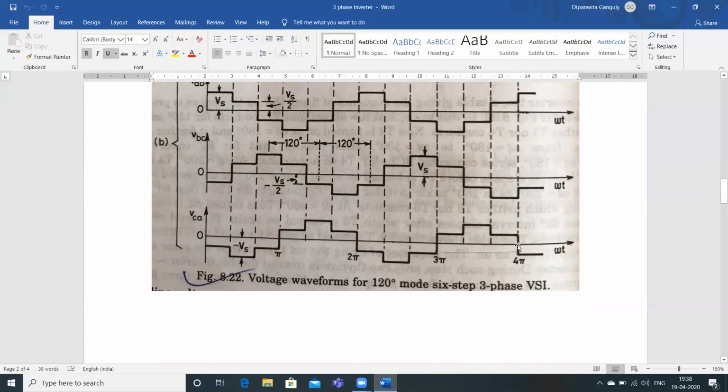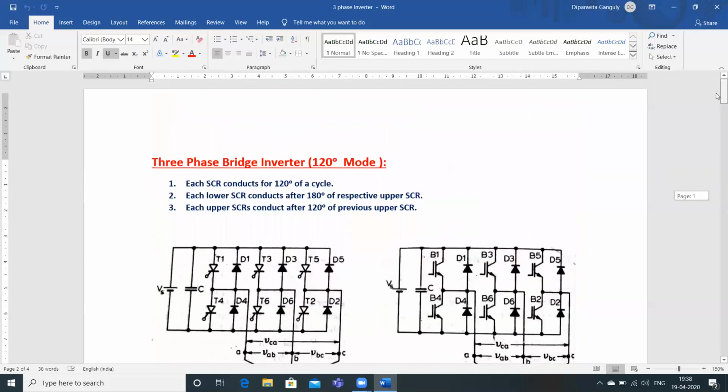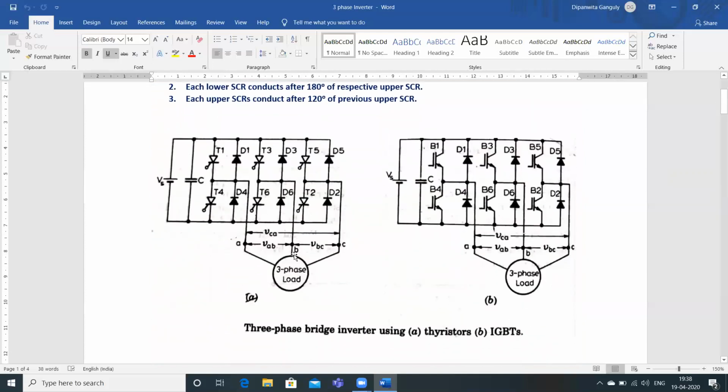So the output voltage developed across each of the three phases, VAB, VBC, VCA, are now AC. This way we can generate three-phase AC output waveform using this power circuit diagram, where each thyristor conducts for 120 degree.